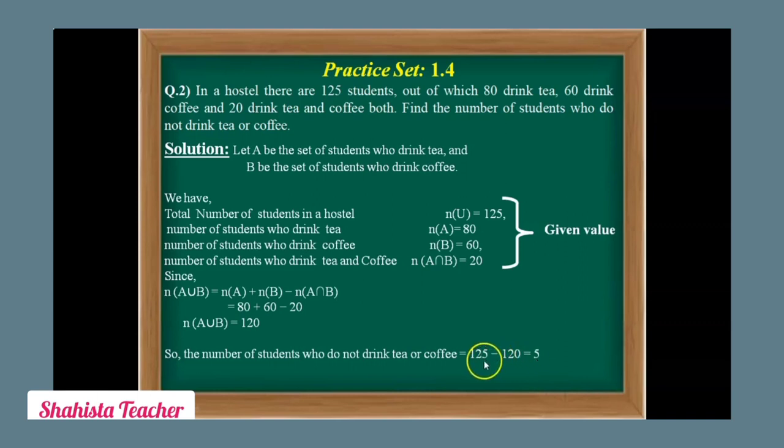So the number of students who do not drink tea or coffee is 5 students. So students, in this way we finish question number 2 of practice set 1.4.